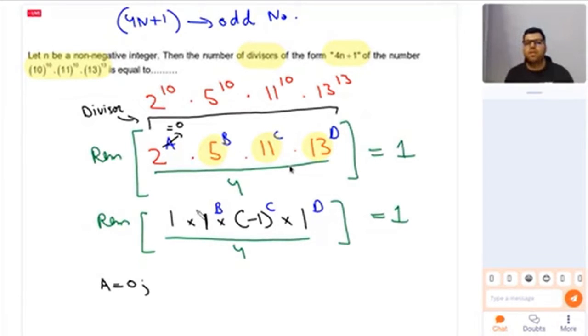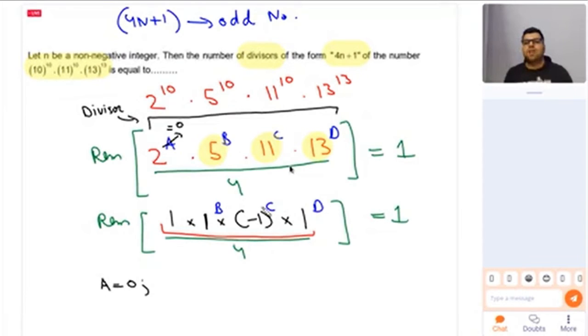In order to make this numerator equal to 1, I just need C to be even. B and D can be any real numbers, but C should be even.